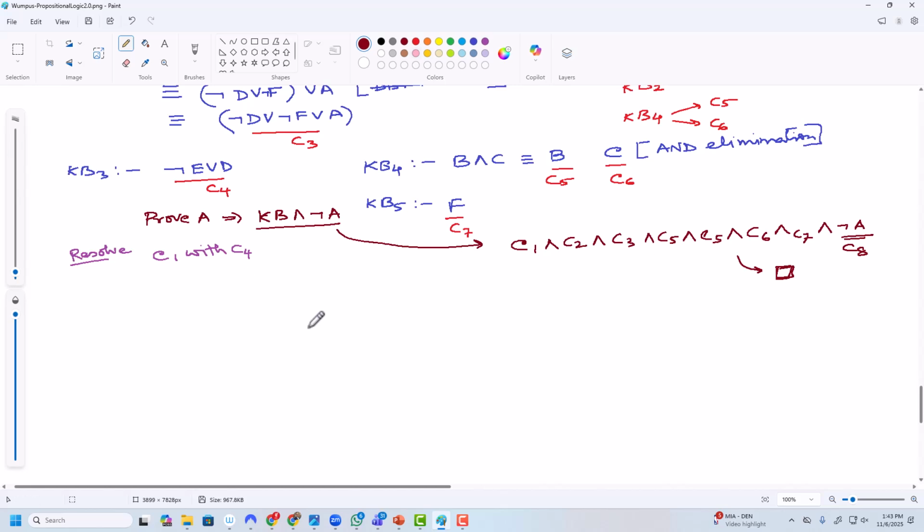Now let's start resolving the first step, C1 with C4.